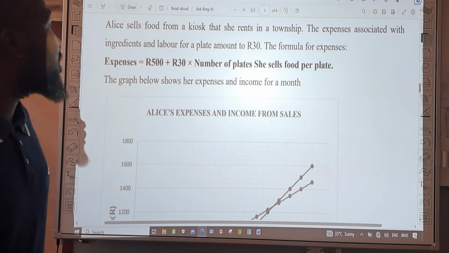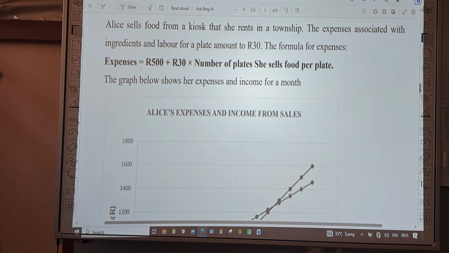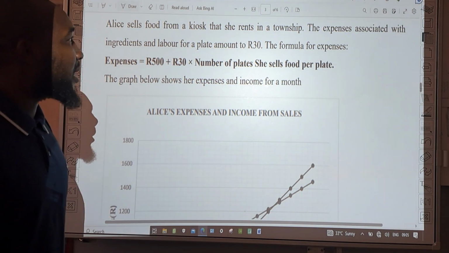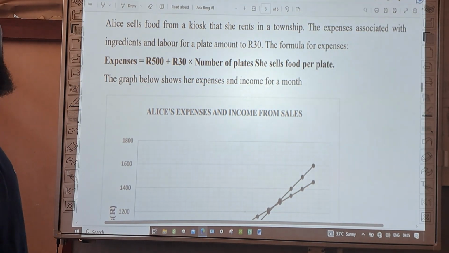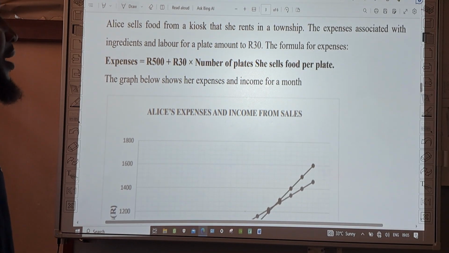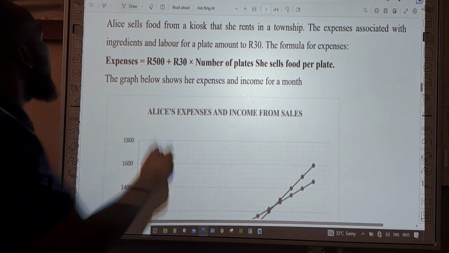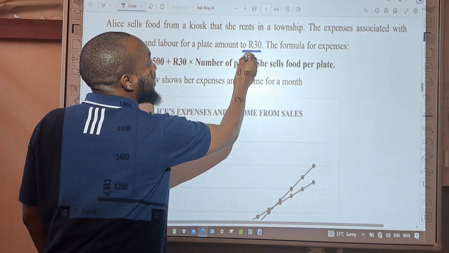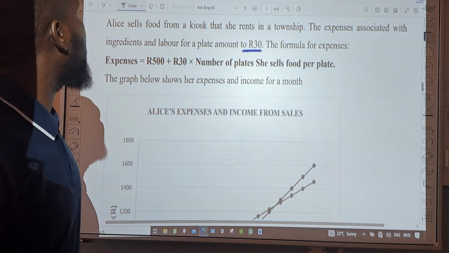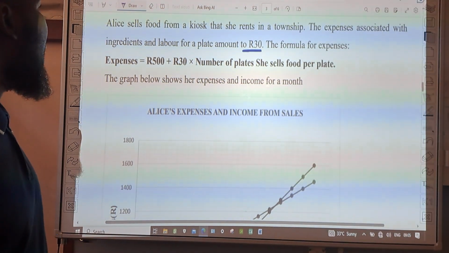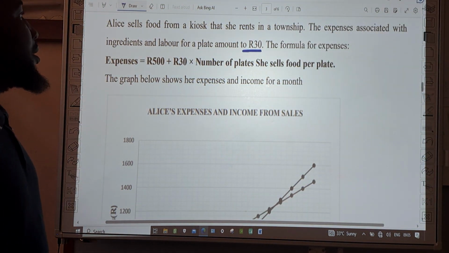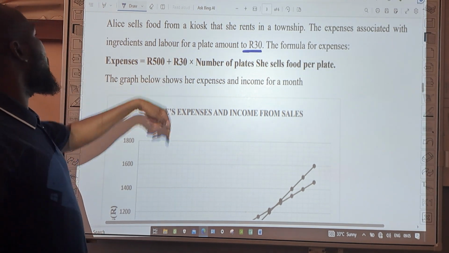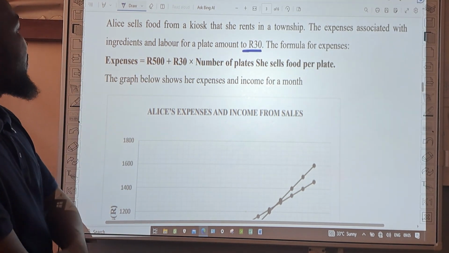So we have a situation where Alice sells food from a kiosk that she rents in a town. The expenses associated with ingredients and labor for a plate is 30 rands. So these 30 rands, it's what Alice is spending to make a plate. So the formula for expenses equals to 500 rands.